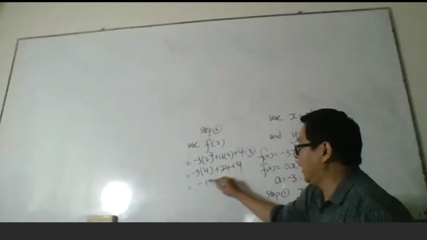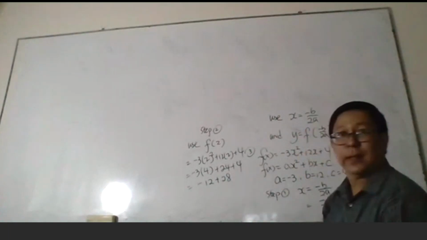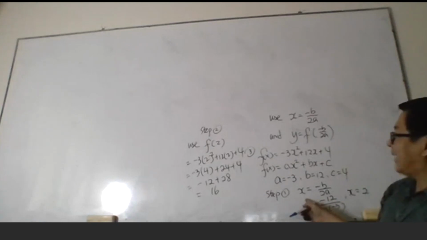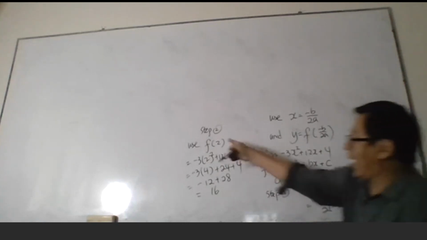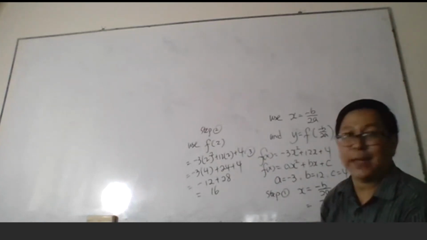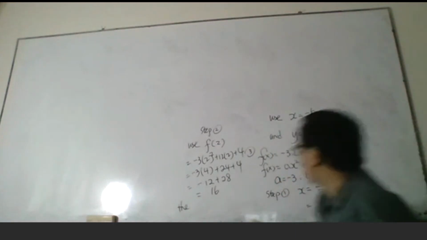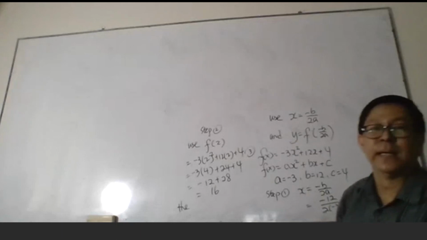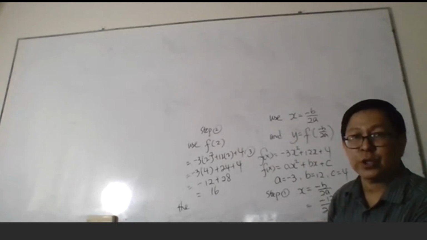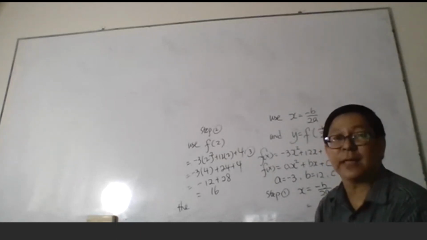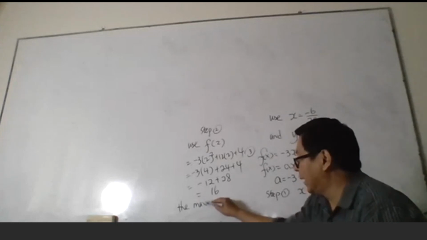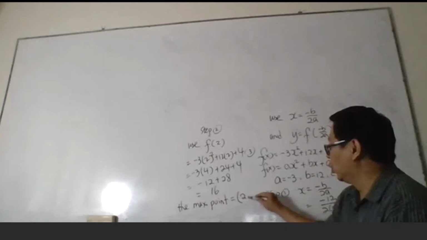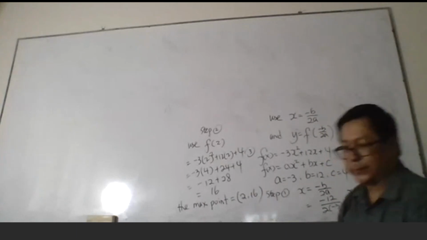You may have -12 plus 28, and you get a value of 16. This is your x coordinate, and this is your y coordinate. Because you see that a is a number less than 0, we are going to get the maximum point. So the maximum point is equal to (2, 16).